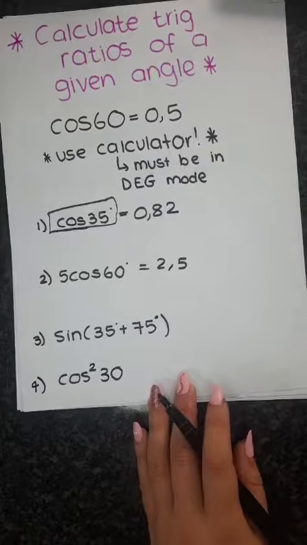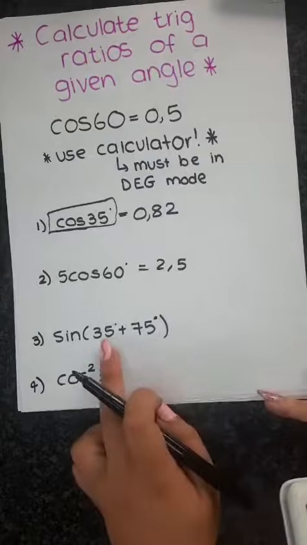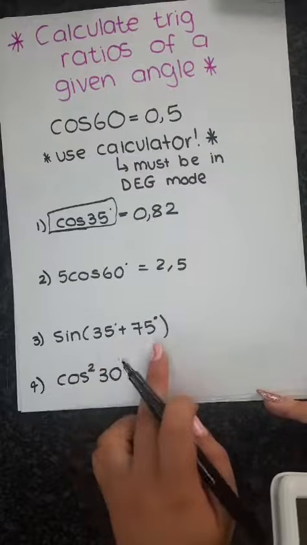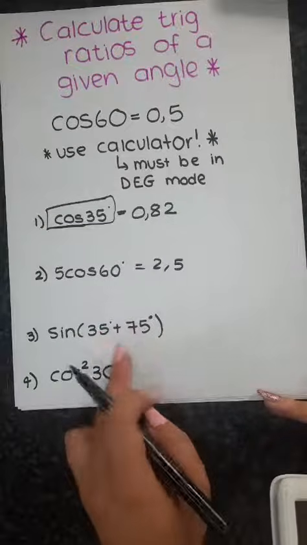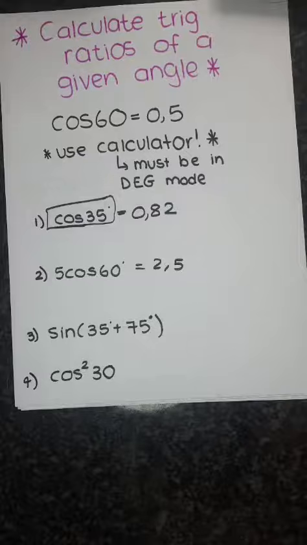What about this one? Sine, in brackets, 35 plus 75. Sorry, I'm doing this out of screen.